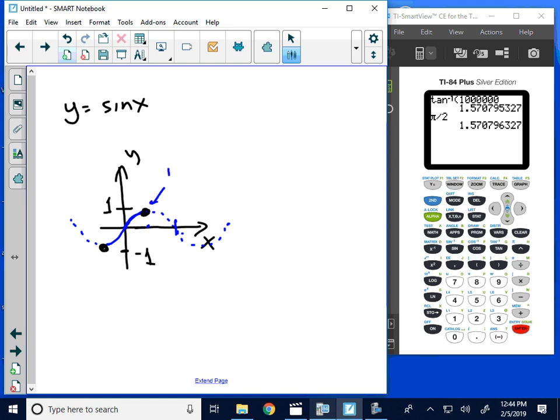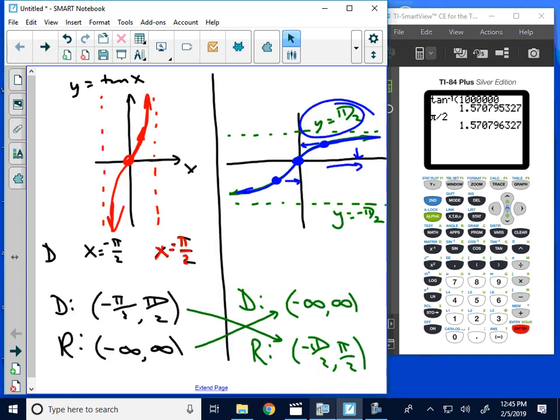So pi over 2, comma 1 is that ordered pair right there. And this is negative pi over 2, comma negative 1. That's the ordered pair for that point. Okay, to find the inverse, we do pretty much like we did with the tangent. I guess I never did put the graph up here, or the equation. This is y is tan inverse of x, right?